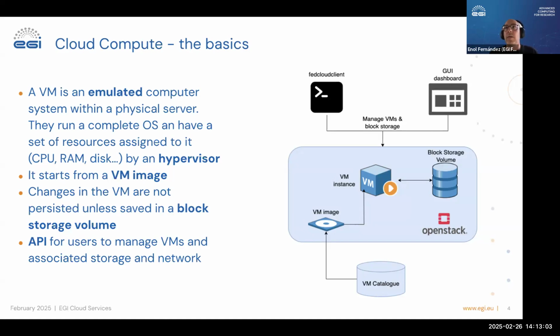The virtual machines start from what we call a virtual machine image. That's the physical disk layout of the virtual machine at the start of the instance. So you create the virtual machine from the virtual machine image, and that's the starting point. From then on, you can modify and do whatever you want.